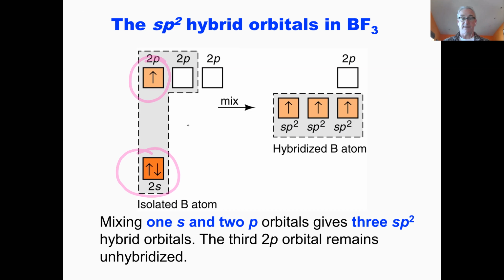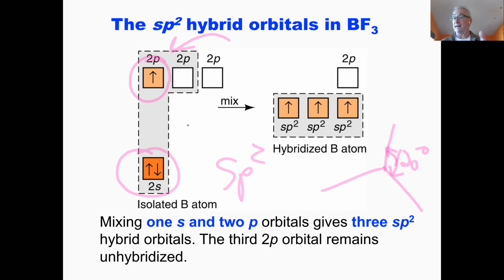So what it does is it hybridizes 2 of the p orbitals with 1 of the s, mixes them together, and now you get sp2. And like I said before, when you have 3 regions of electron density, the most stable way to put those 3 together is in a plane with 120 degrees separating them. And that's what you get with boron.